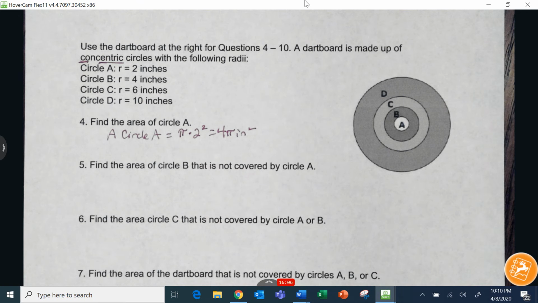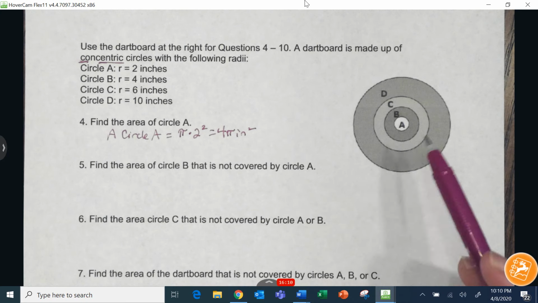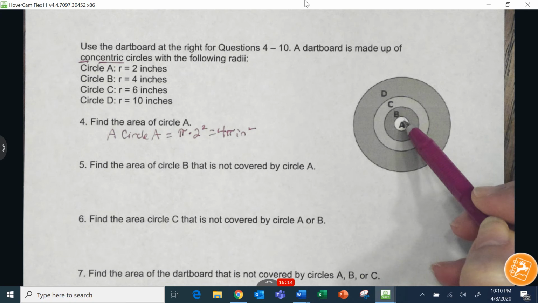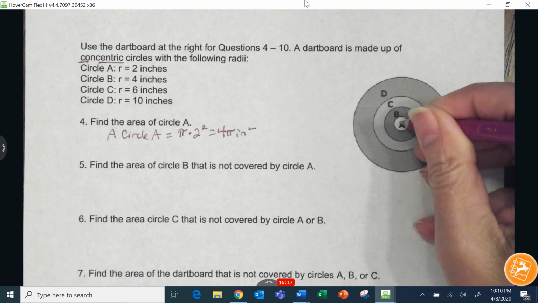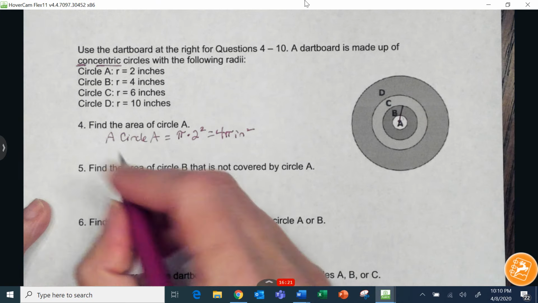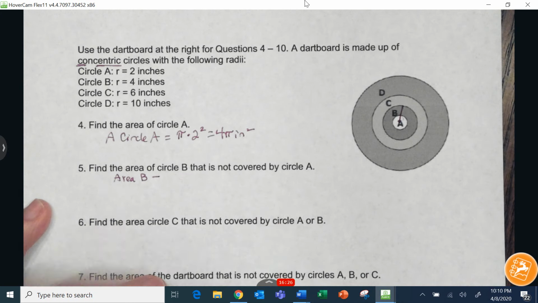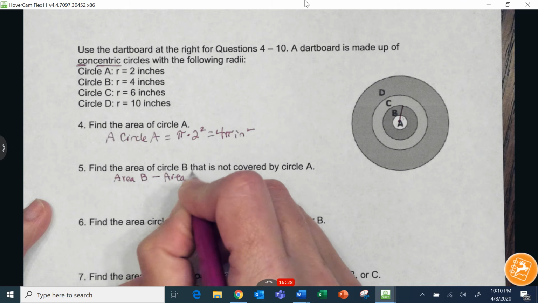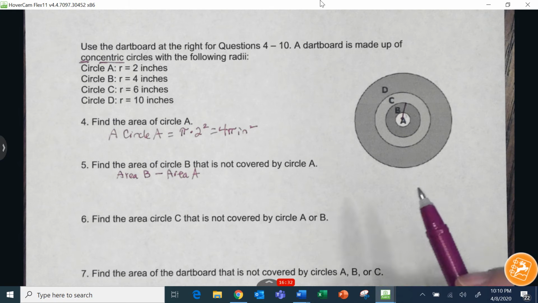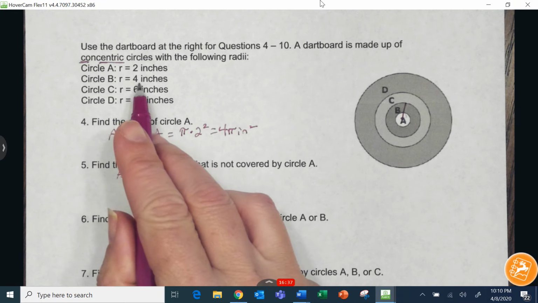Now the second says find the area of circle B that is not covered by circle A. So circle B has a radius of 4. That includes circle A. So what we need to do is the area of B, and then subtract off the area of A. So the area of B is going to be, let's see, the radius is 4.